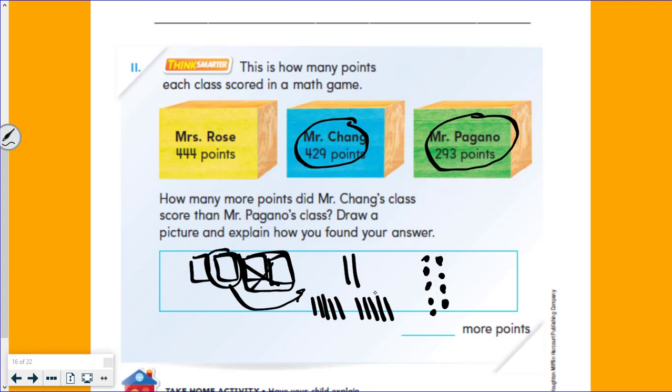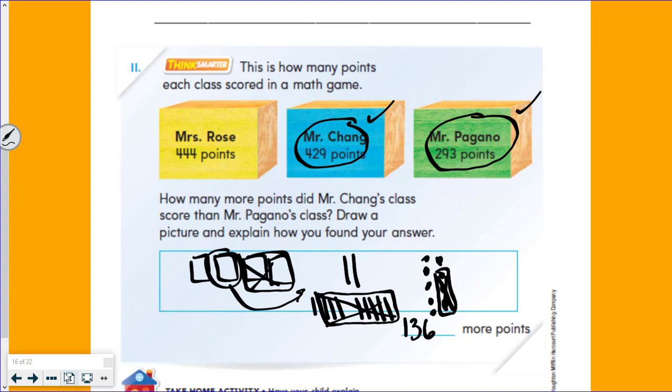Now I can take away 90, so I'm going to take everything from that 10 tens except for 1. And then take away 3. Okay, so the difference is 100, 3 tens, and 6 ones. So 136 points is the difference. So Mr. Chang's class scored 136 points more than Mr. Pagano's class.